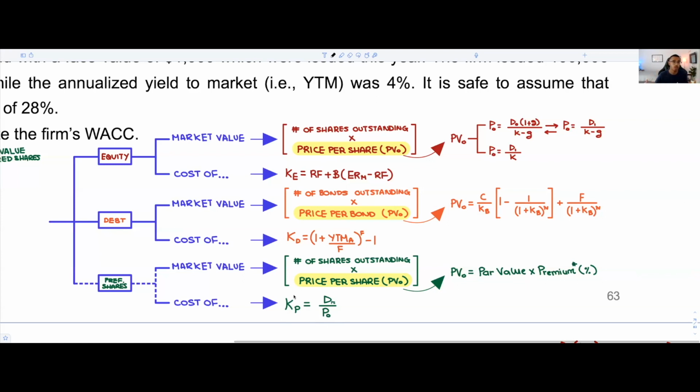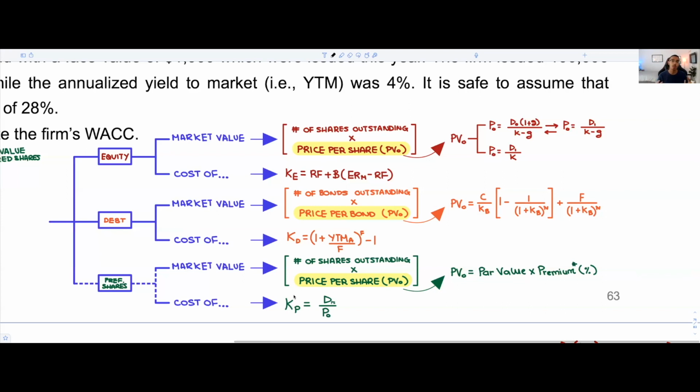So we're just using our perpetuity formula. Or if that's not the case and they issue a question in which preferred shares are being traded at a premium or a discount to their par value, all that you have to do is use the following formula. The present value, so the price per preferred share, will be equal to the par value times the premium on the share or the discount on the share.